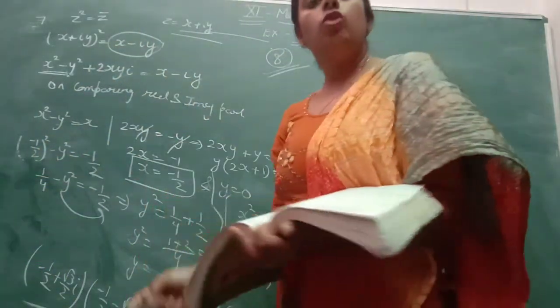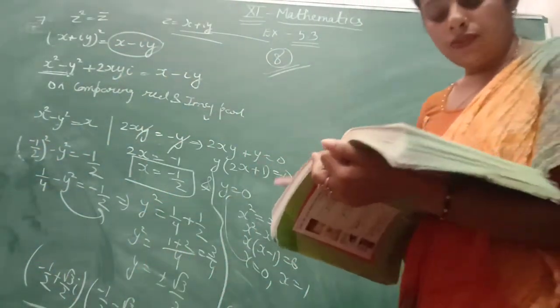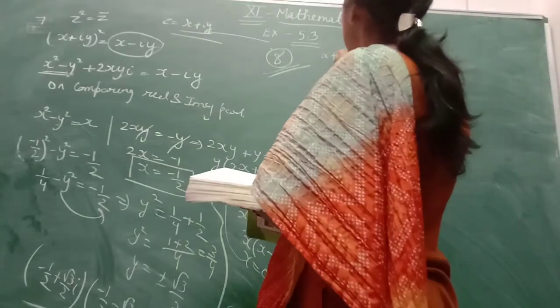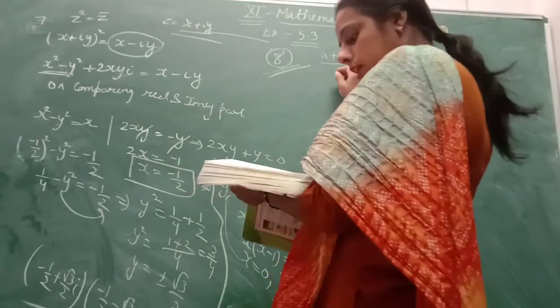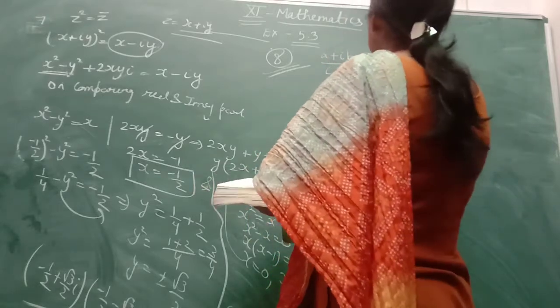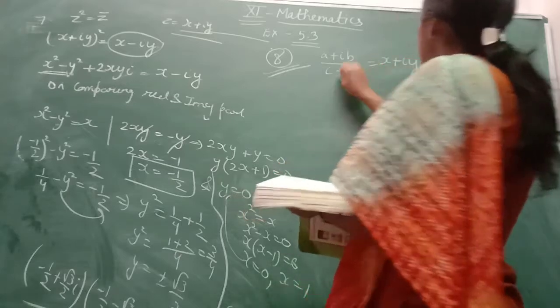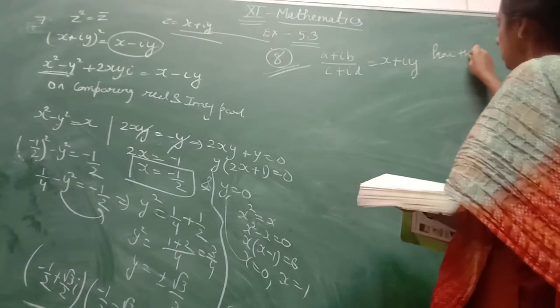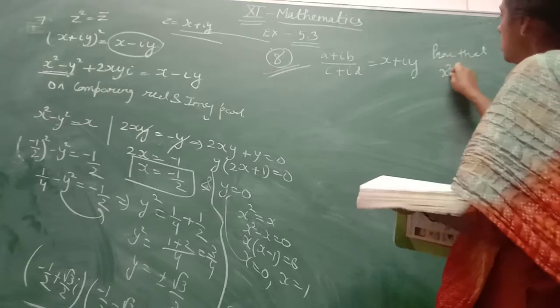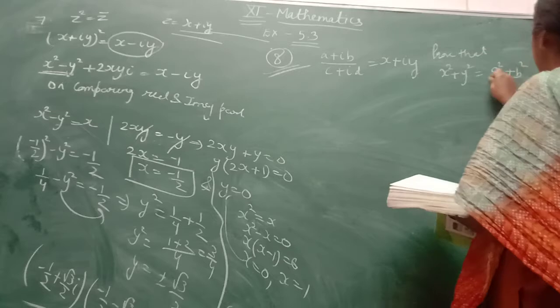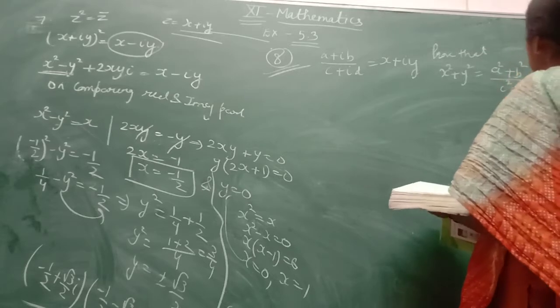This type of question you have also done in exercise 5.2. But this is the easiest method, which I will say to all of you, try this method. If this is equal to this one, then prove that x square plus y square is equal to a square plus b square by c square plus d square.